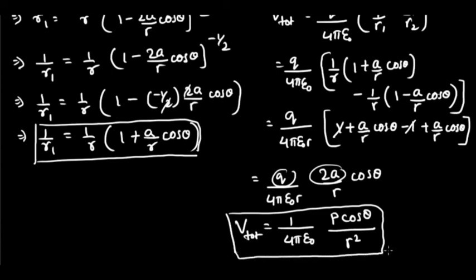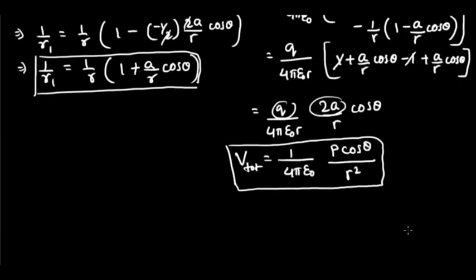It means if we know the value of theta, the angle between the position vector of the point M with respect to the center of the dipole and the dipole moment, then we can easily find the value of the total electric potential. So V total is equal to 1 by 4 pi epsilon naught P cos theta by R square.